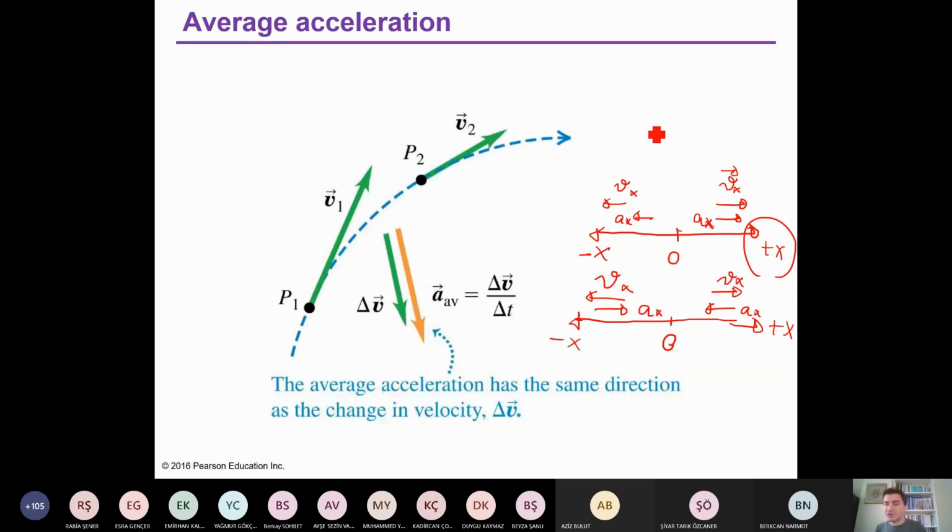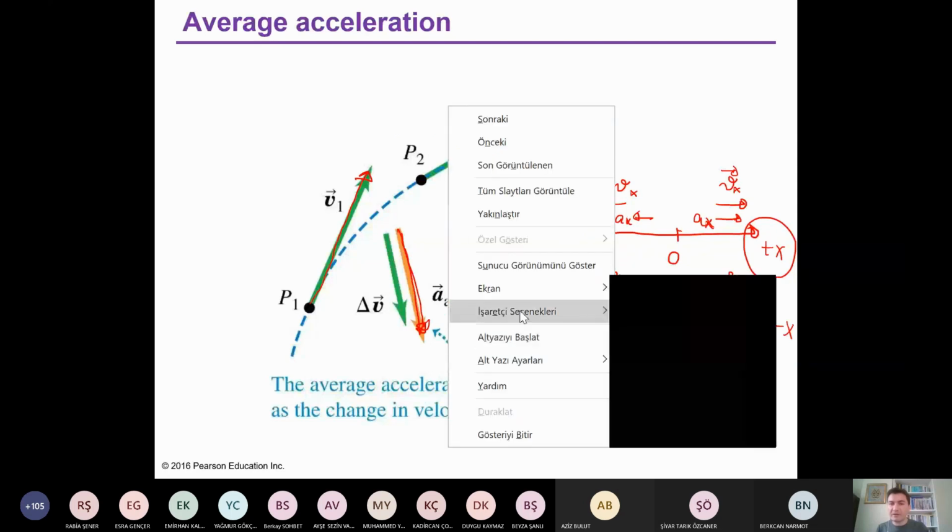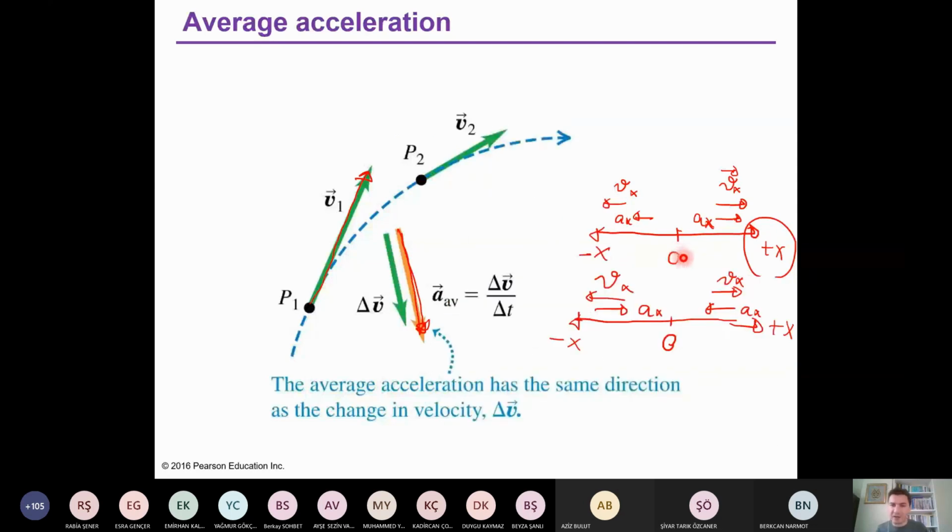So this was the motion along a straight line in one dimension, right? In two dimensions, like here along a curved path, this is the direction of the velocity, but acceleration is along this direction. So it is completely different compared to the motion along a straight line.